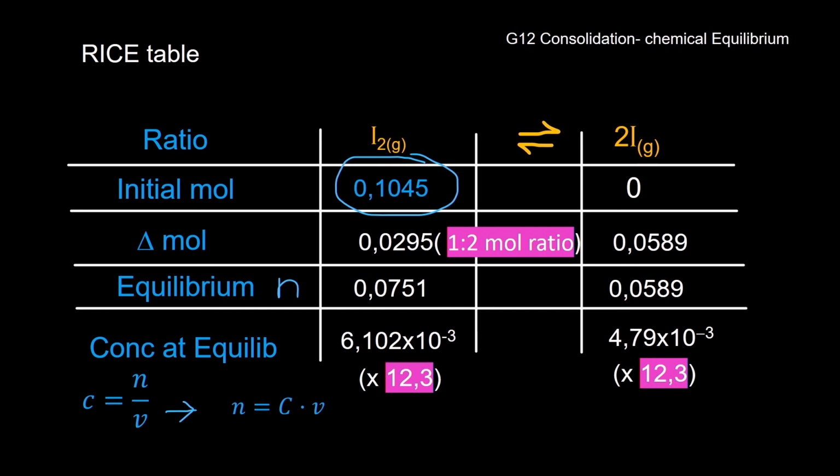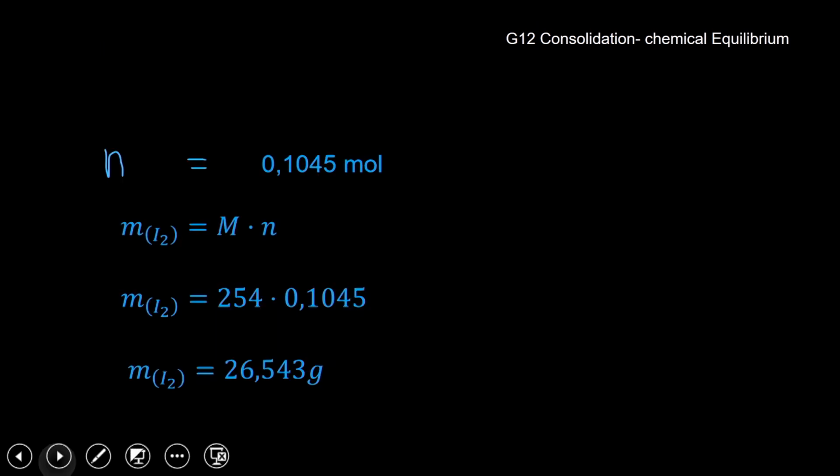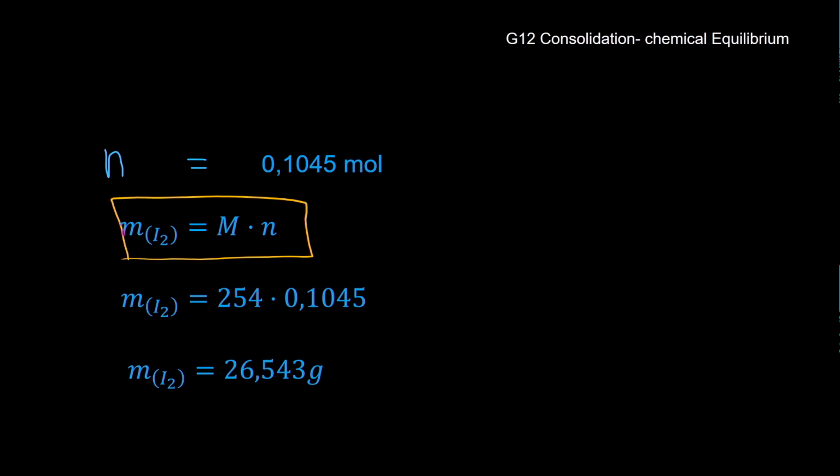So our initial number of moles is this. Once we've gone through our calculations, it's 0,1045. Now we can work with our standard formula. We get this from your data sheet, which is mass is equal to molar mass times number of moles. The molar mass from the periodic table is 254 grams per mole.